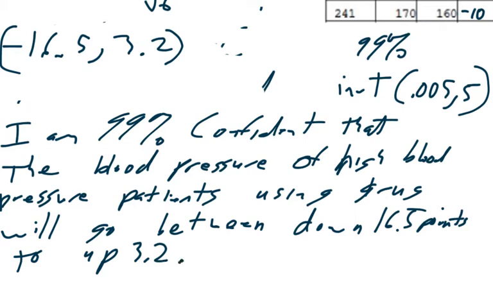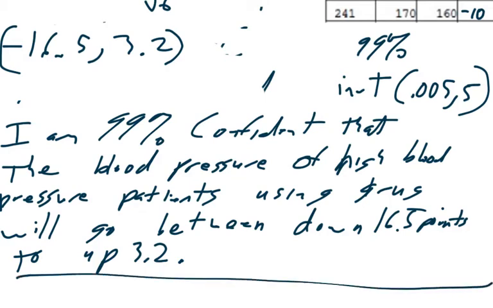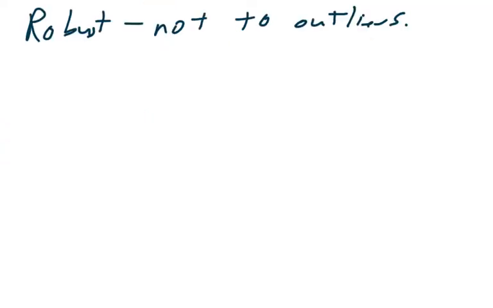So in the grand scheme of things, we're not sure that this drug does anything at all, because it could, by our calculations, actually make the blood pressure go up. But that is another sample of a paired t confidence interval.